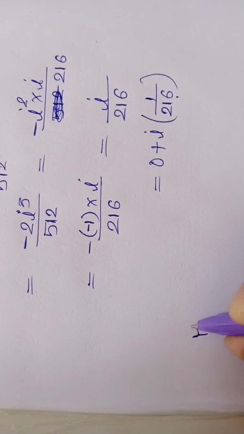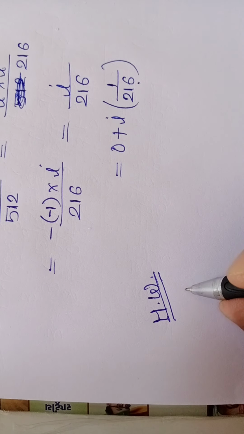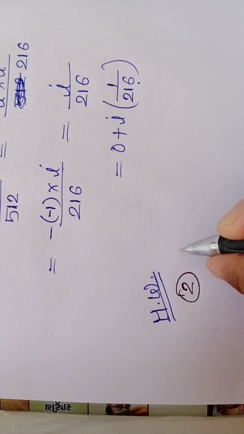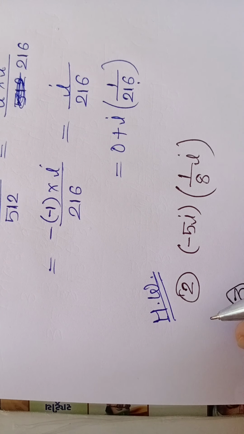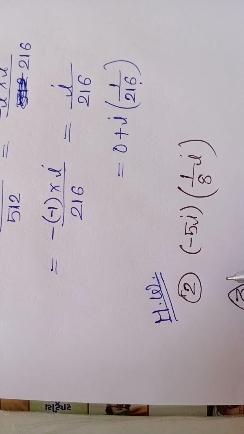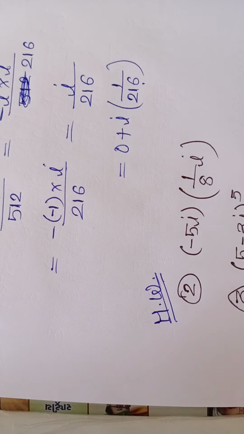Now to another example, let me give you homework. The first one is this, the second one is this: minus 5i into 1 by 8 into i. Just express it in the form of a plus ib. And the third one is (5 minus 3i) whole cube.